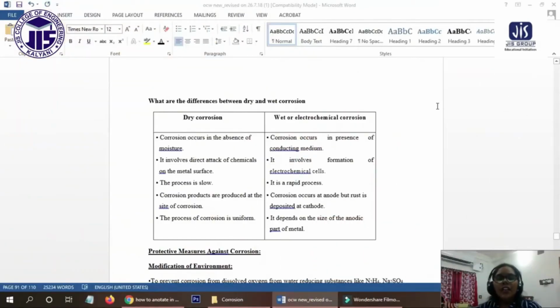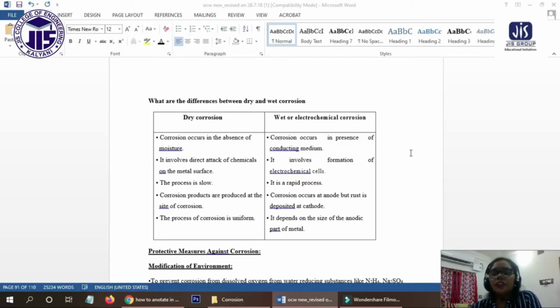So students, we are discussing the corrosion and its control. That is module 4, and today our lecture number is 4. Previously, in the previous classes, whatever we have discussed, I'm just once again repeating. That is the definition of corrosion, what are the causes of corrosion, what are the effects of corrosion, and the classification of corrosion.